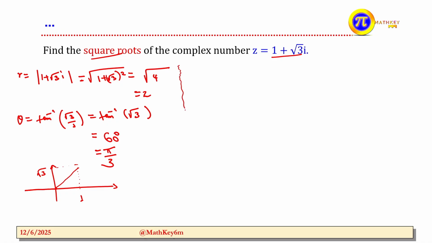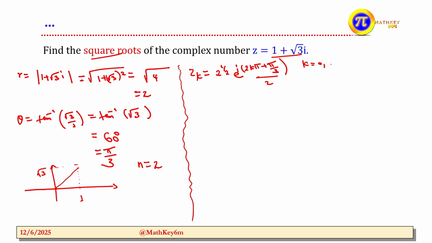After obtaining this, we can find the root, that means the square root, so n is equal to 2. So zk is equal to r to the power of 1 over 2, that is 2 to the power of 1 over 2, times e to the power of i times (2k pi plus pi over 3) divided by 2, and k runs from 0 and 1.